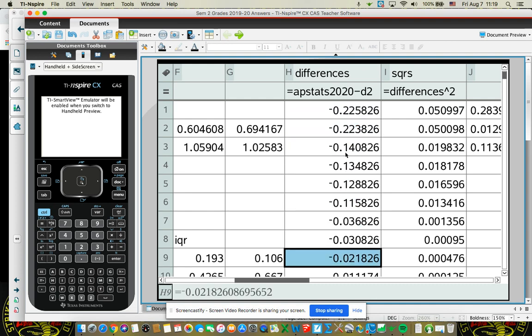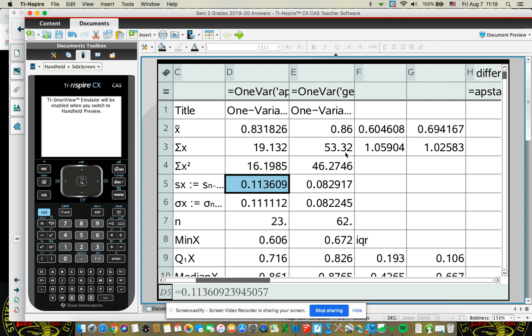So we got 0.01, 0.02 for the close ones. We got 0.22, 0.2, 0.14 for the ones really far away. So what's an average difference or an average distance away from the mean? Well, that's about 0.11 or 0.12. That's kind of an average, okay? An average difference or an average distance away from the mean. So that's why it's 0.113. That should make sense to us, okay?